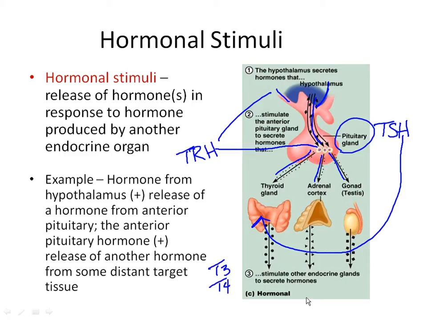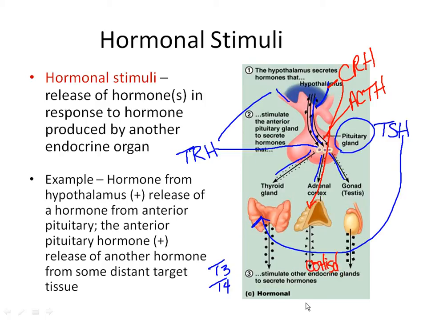All right, let's change colors here. We'll go with red. All right, our next example, the hypothalamus releases corticotropin releasing hormone. Okay, so the hypothalamus targets the anterior pituitary, which releases adrenocorticotropic hormone, which targets the adrenal cortex, which then releases several hormones, one of which is cortisol.